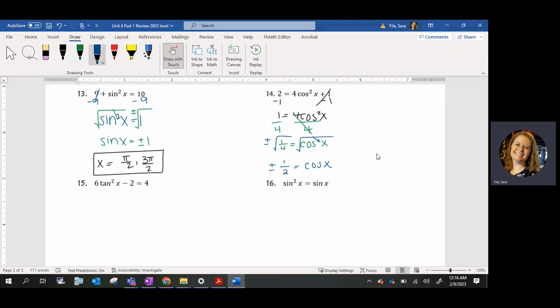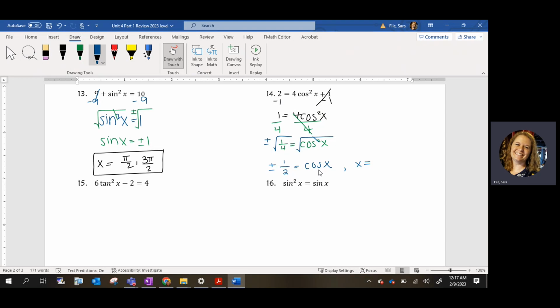So I'm actually going to have 4 solutions here, because it can be in all 4 quadrants, because in quadrant 1, there's a place where cosine's positive 1/2. In quadrant 2 and 3, it's negative, and then in quadrant 4, it's positive again. Okay, so we're going to have 2 solutions from the positive 1/2 and 2 solutions from the negative 1/2. Remember, cosine corresponds to the x value of the ordered pair.